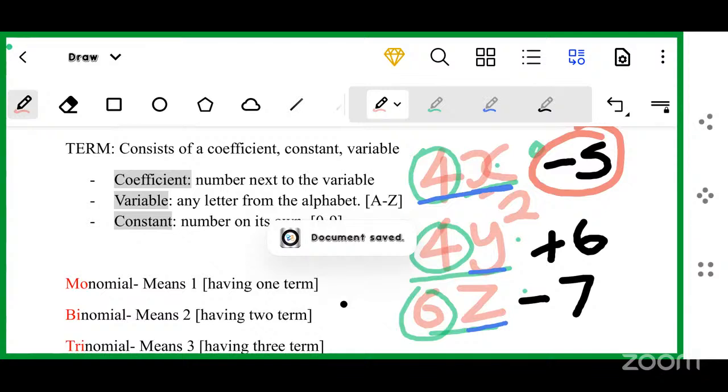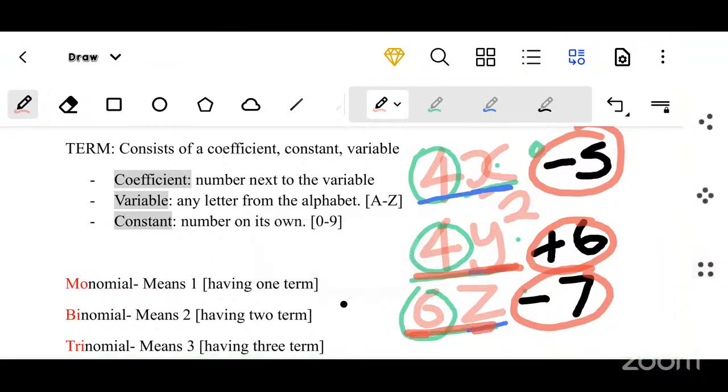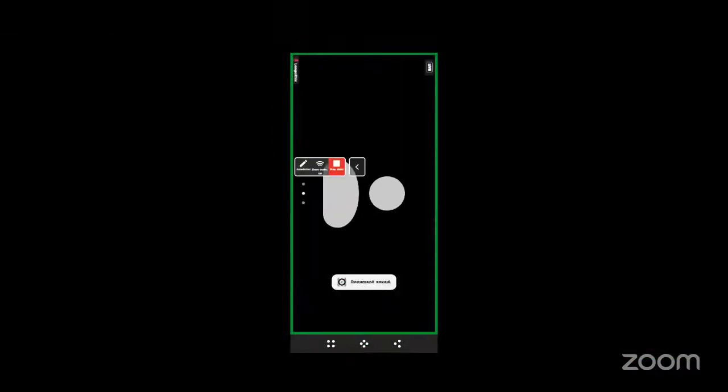For the second one, 4 is our coefficient, y is our variable, 6 is our constant. And we have 6 and z, 6 being our coefficient, z being our variable, and therefore minus 7 is our constant. Are we clear? Yes, ma'am.